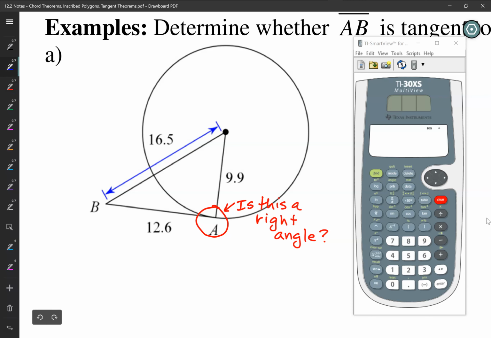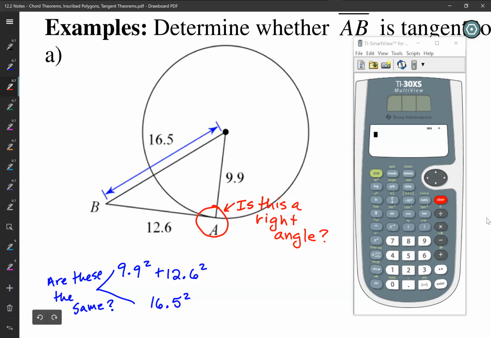So what I want to find out is if I do 9.9 squared plus 12.6 squared, does that give me the same thing as 16.5 squared? 9.9 squared plus 12.6 squared is your a squared plus b squared, and 16.5 squared is your c squared.